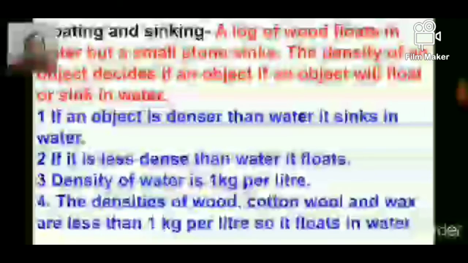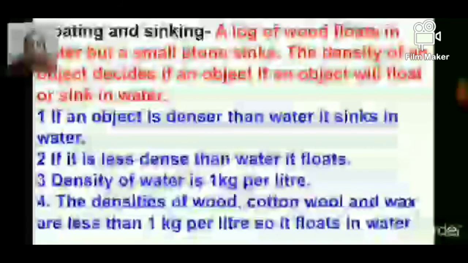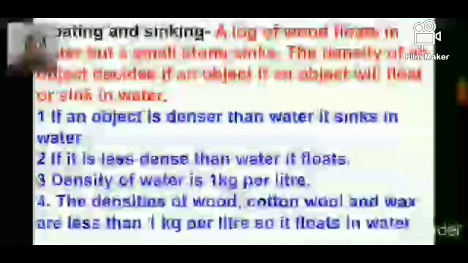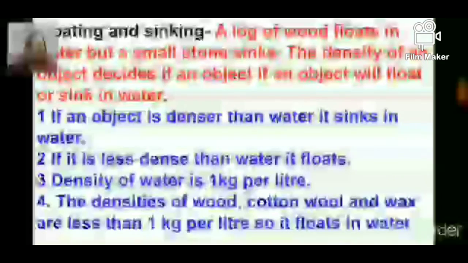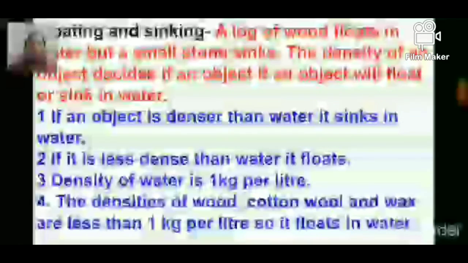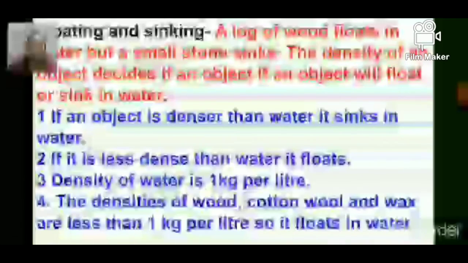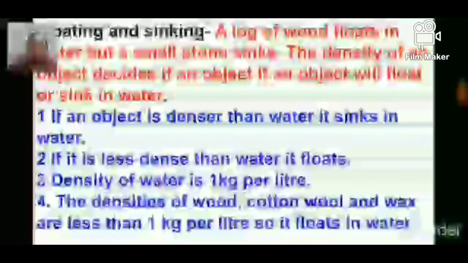You have to go and check some liquid, especially an oil can. The one which we buy from outside, it is specifically mentioned that this much liter and this much kg. So there is a difference in kg and liter for oil. But in case of water, 1 kg water is equal to 1 liter.